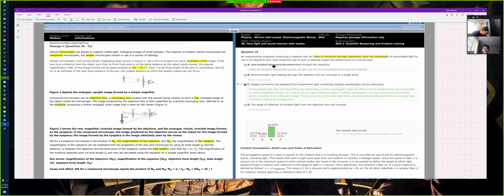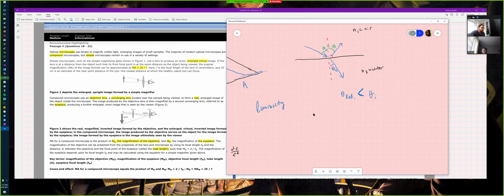Luminosity is related to the intensity of the light. Luminosity is the same thing as brightness, which is the same thing as intensity, which is the same thing as the number of photons.